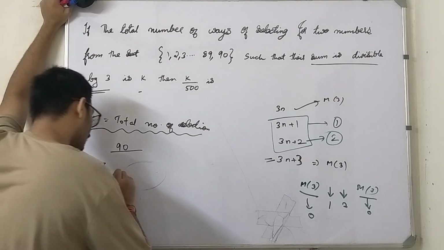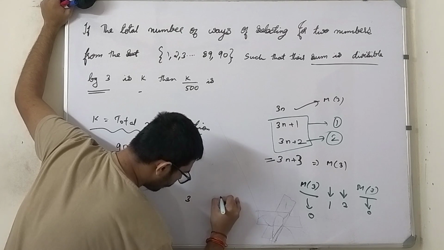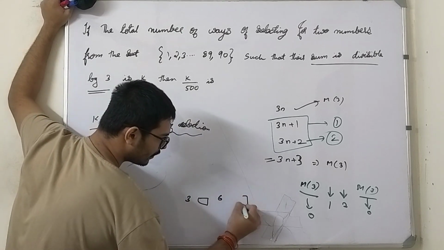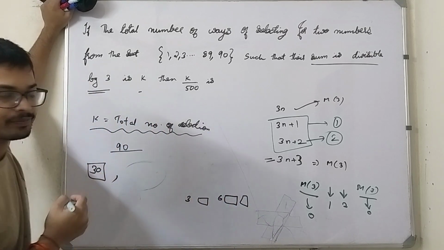Now, if you take two consecutive multiples of 3, there are 2 numbers in between. If you take 3 consecutive multiples, how many numbers are there in between?